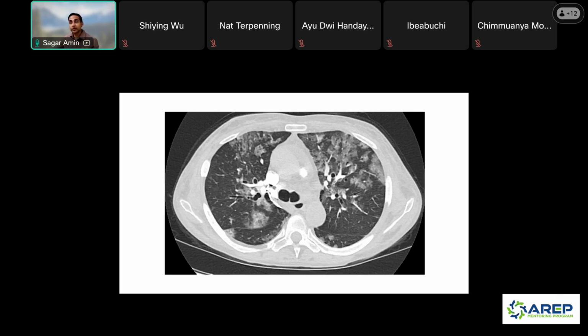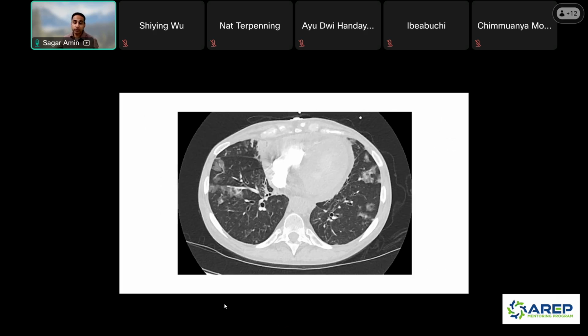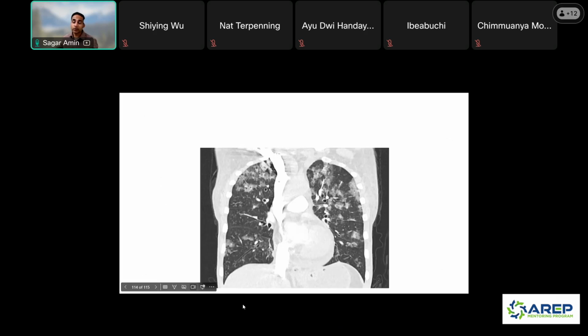This doesn't have that peripheral distribution that we see with septic emboli, but it does have that upper lobe distribution that could be seen with more inhalational disease processes or insults or things that cause damage to the lungs. So this patient had crack lung. They were inhaling crack cocaine, and it caused this lung injury that was more upper lobe because it was inhaled.